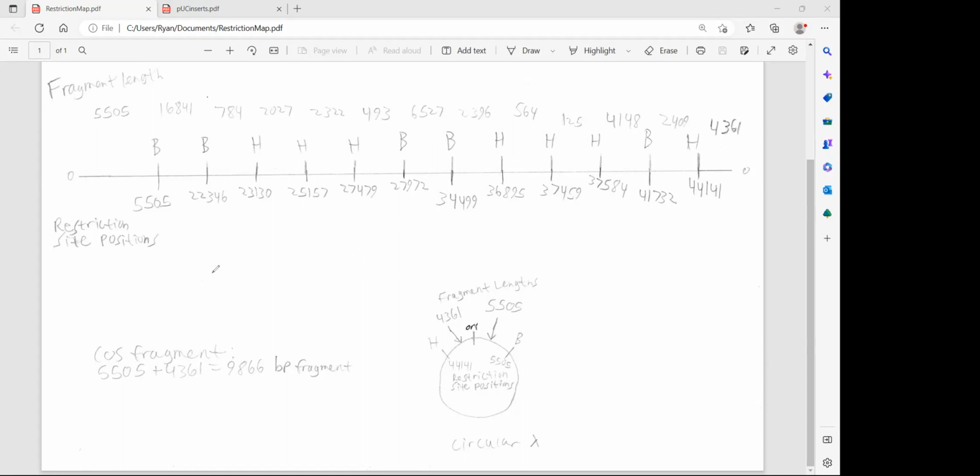You're right, you will have to say the two sticky ends, because the cos fragment will have one HindIII end and it will have a BamHI end also. That's true. But he did say go ahead and mention that it is in fact the cos fragment.